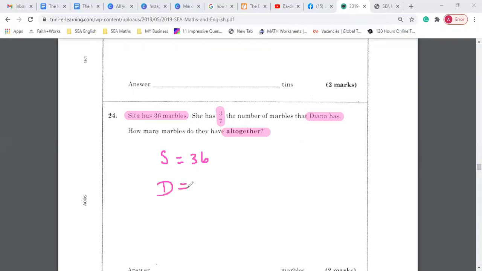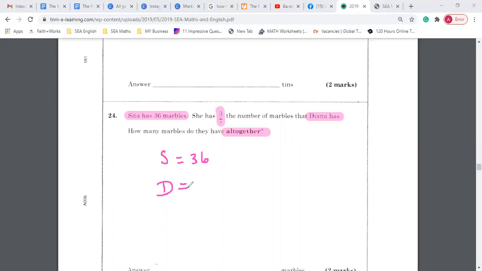All right, what did you do to find out what Diane has? You don't have to have the answer, but let me just hear. Miss, I confused it. I thought that Sita had given Diana 3/7, and I did the wrong thing. Did you read the question, Alanis?